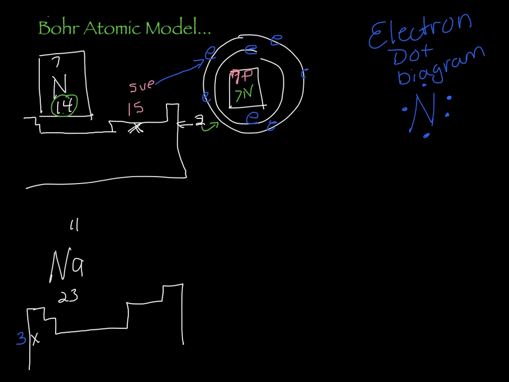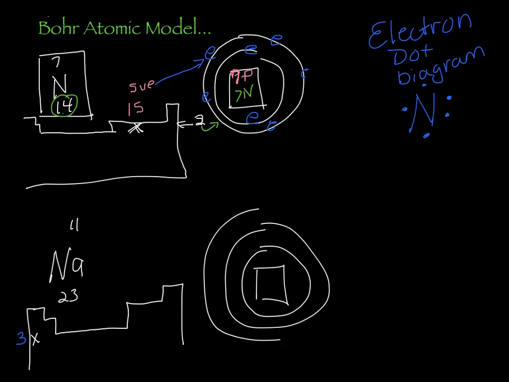So that means when we do the Bohr model, it's going to have 3 rings because it's in the 3rd row. We also know that it's in the first group, the first family, which means it has 1 electron in its outermost shell, 1 valence electron.